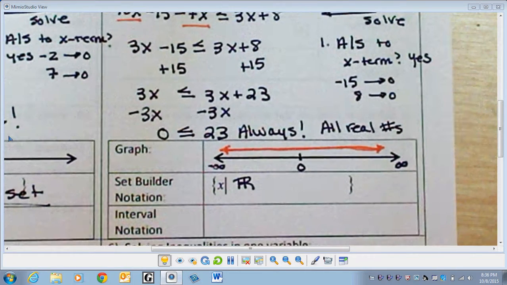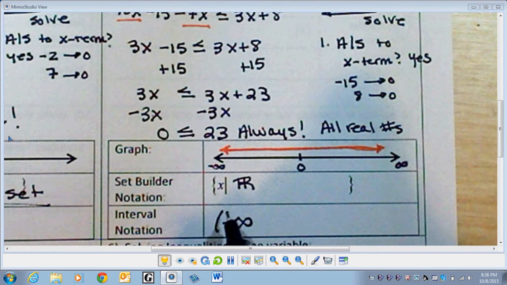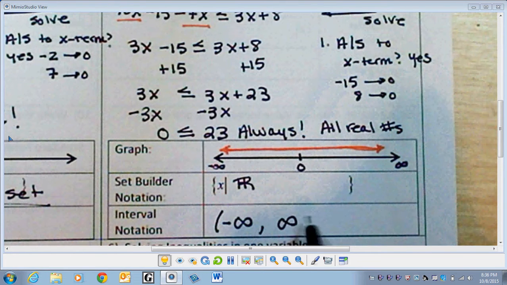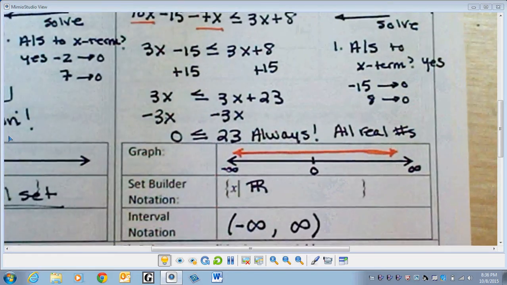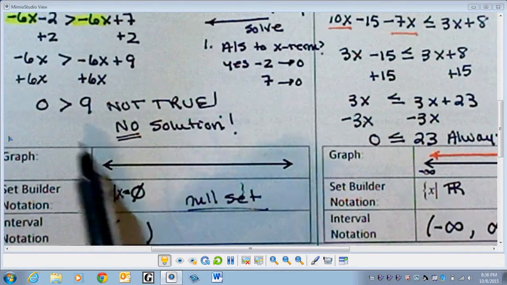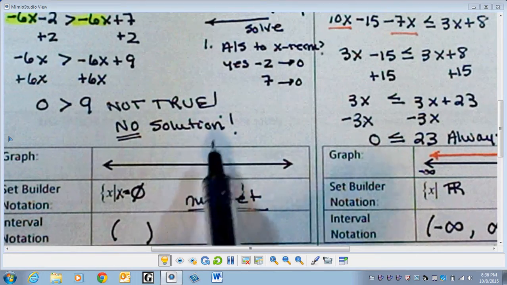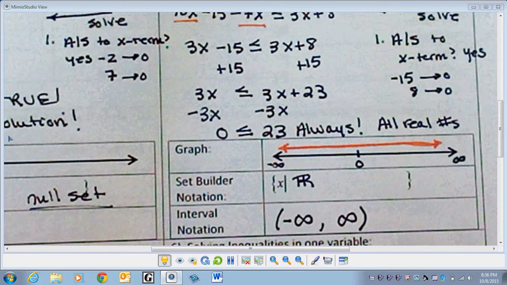Which means for interval notation, I'm going to start at negative infinity. I use the parentheses because I can never equal negative infinity. And I go all the way to infinity. So that's interval notation. So this is when you've got some funny stuff going on. When you get not true means no solution, and always true means all real numbers.